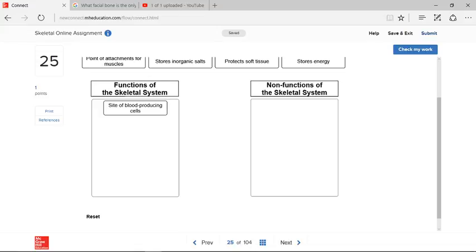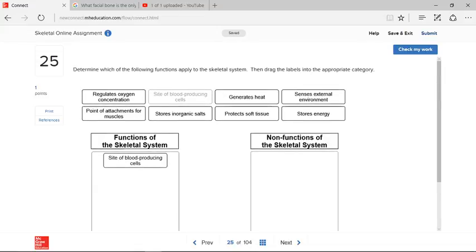The ends of the bones contain red marrow, which is a site for blood producing cells. The blood made there includes red blood cells, white blood cells, and platelets, right? So there's a nice little fun fact right there.